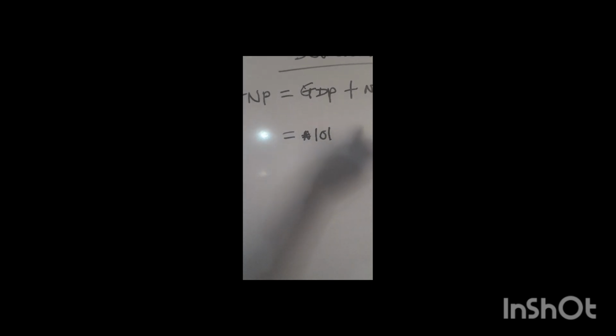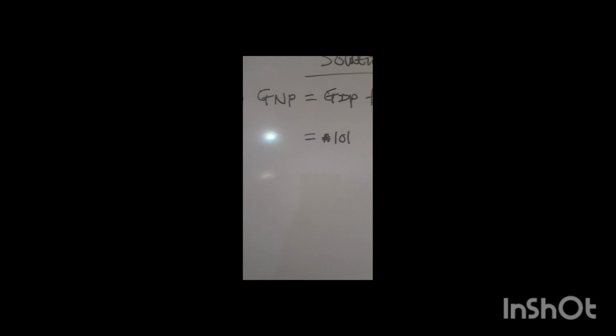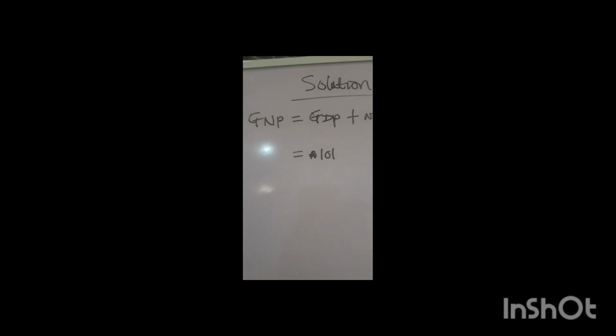million naira. And we have plus net income from abroad, but the net income was clearly in negative form. Net income from abroad was given to us as negative 2.5.